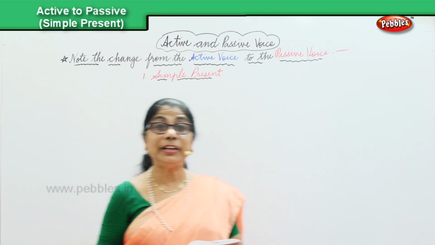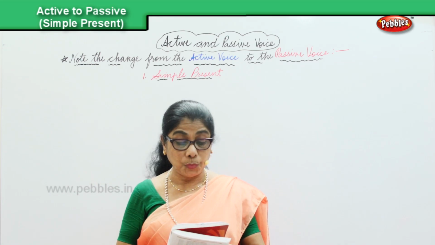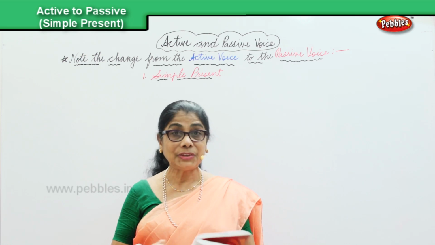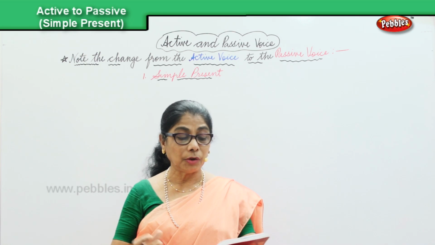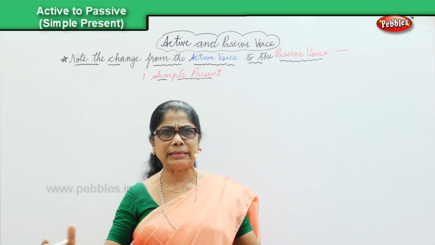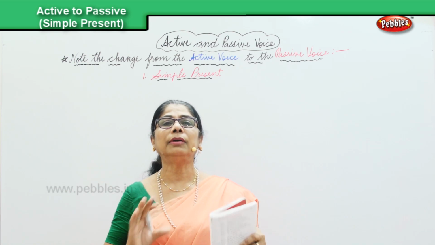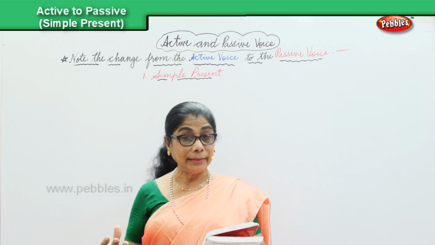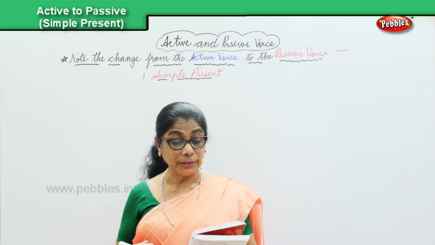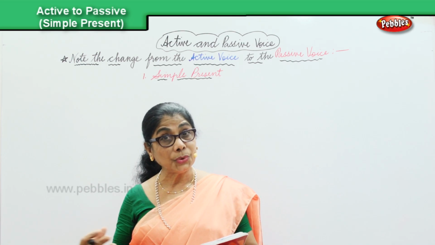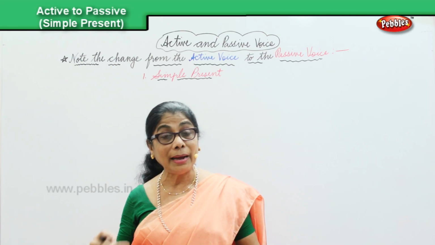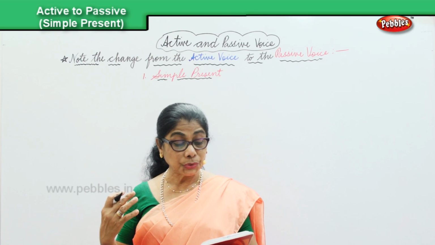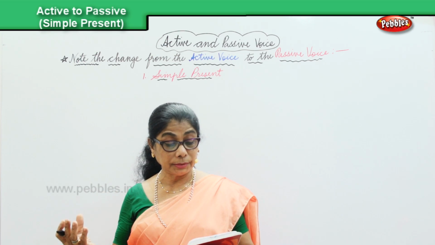All right. In the first one, the active voice, it says, the grocer sells sugar. The grocer, active, sells sugar. That's the active voice. And then in the passive voice, sugar is sold by the grocer. Okay? Sugar is sold by the grocer.